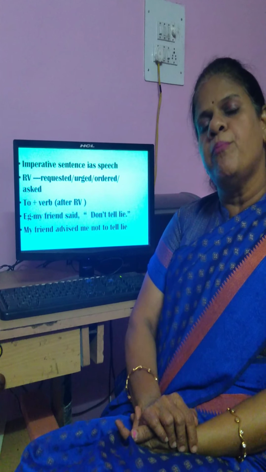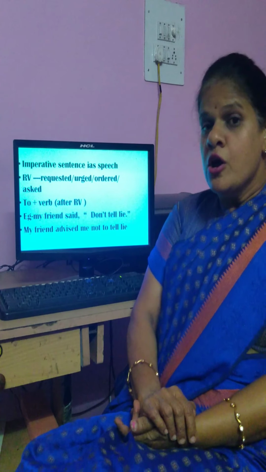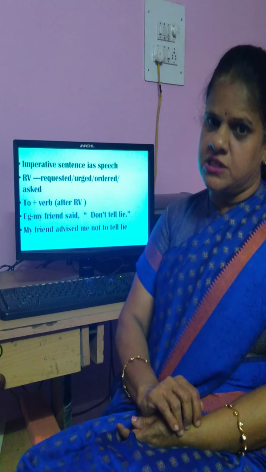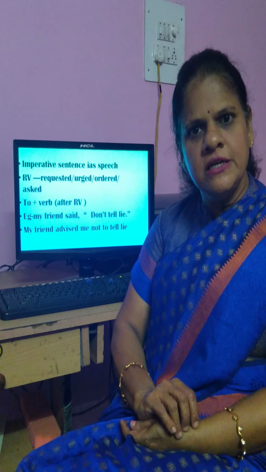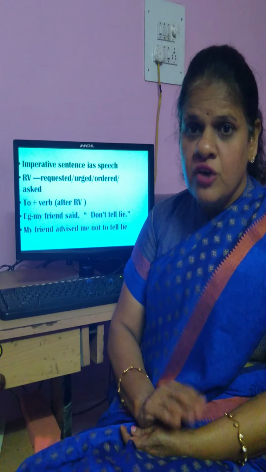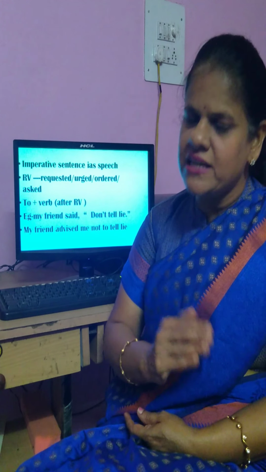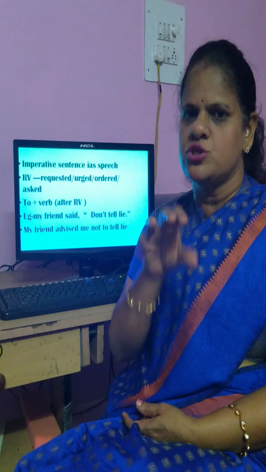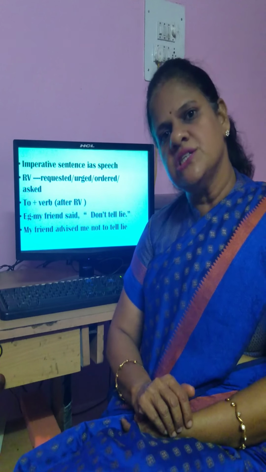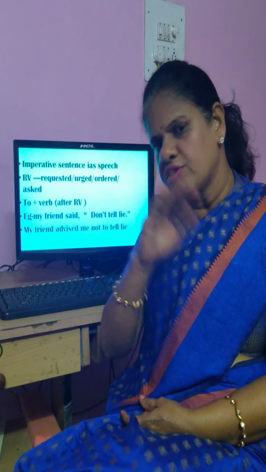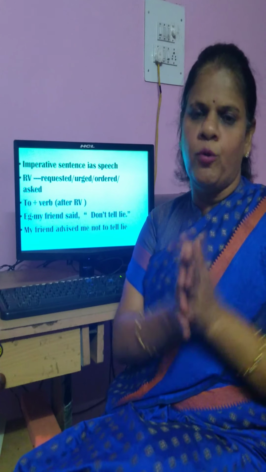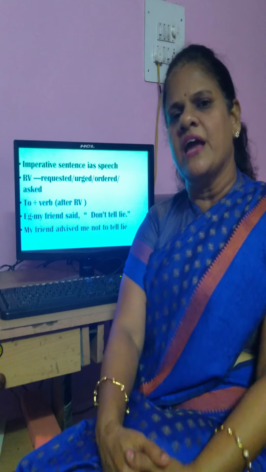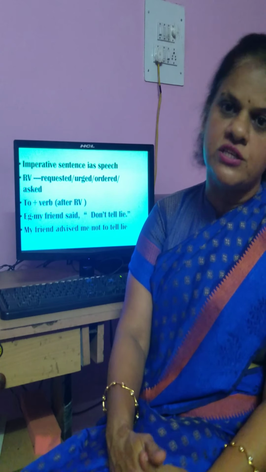As it is an imperative sentence, an instruction, what kind of expression it is matters. Whether it was spoken in an annoying manner, very politely, or affectionately, such expressions are to be mentioned. So how will we mention it when we transform it? We need to change the reporting verb according to the expression of the sentence.